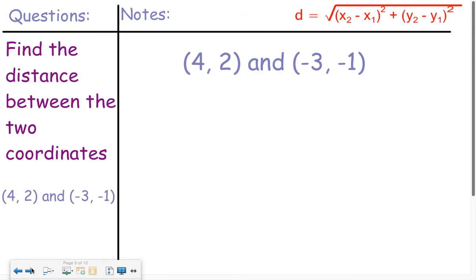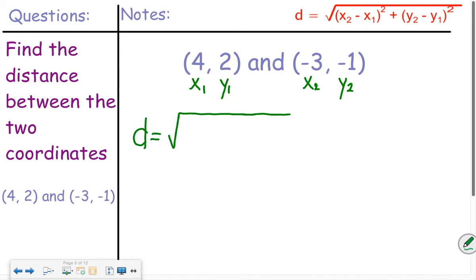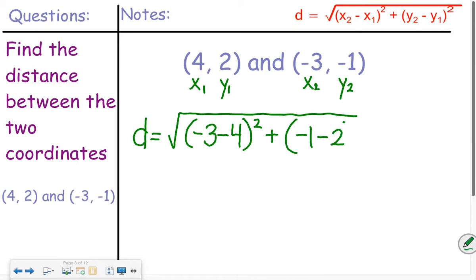All right, now we're going to find the distance between (4, 2) and (-3, -1). So I'll start once again by labeling x1, y1, x2, y2. D equals the square root of x2, so -3 minus x1, 4, squared, plus y2, -1 minus y1, 2, and then square that.